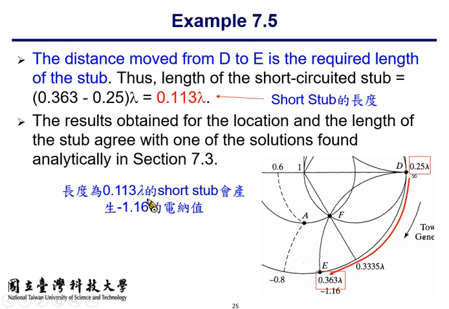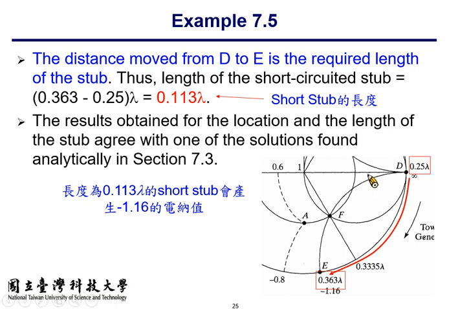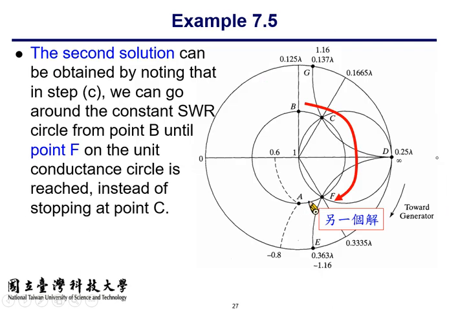And the input admittance of this short stop is equivalent to minus 1.16 J. So by connecting the transmission line and the shunt stop, the input admittance will move from point C to the center. Once you do the connection, you will jump from C to O.